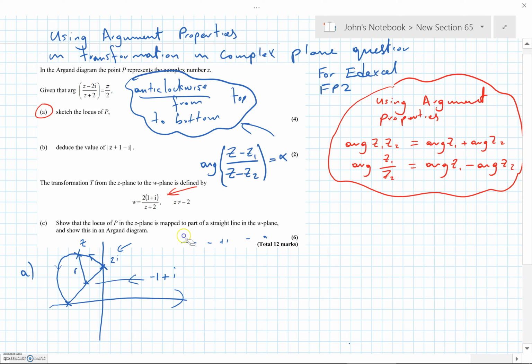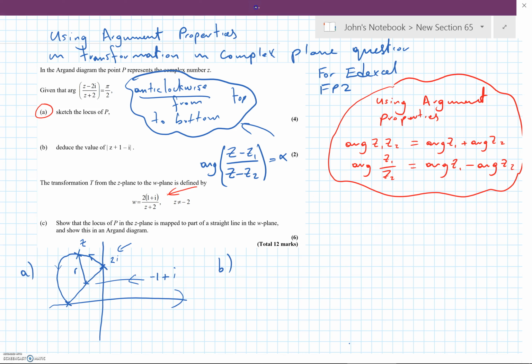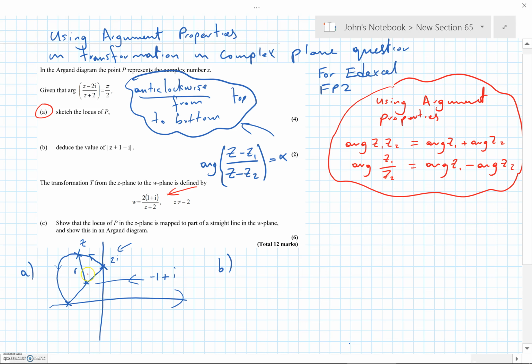That makes it pretty straightforward, because we just need to find some way of finding a radius. Probably the easiest thing to do is to find this length here, and that's 1 across and 1 up. So that makes it square root of 2. Bang, done. 2 marks. Actually quite a little bit of geometric interpretation.